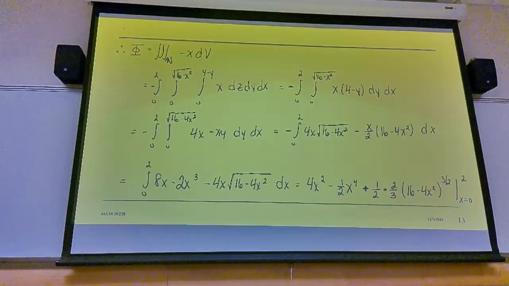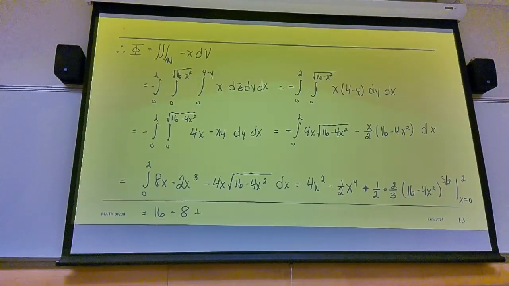16 minus 8, plus 1/3 times... what is 16 to the 3 halves? 64. And of course, that's the second term, right?